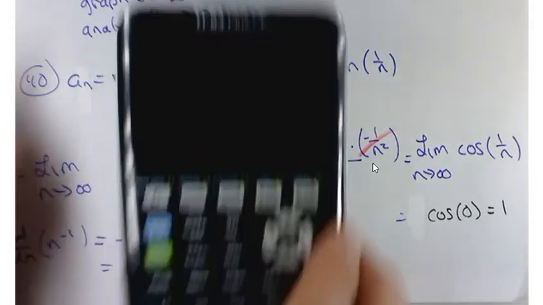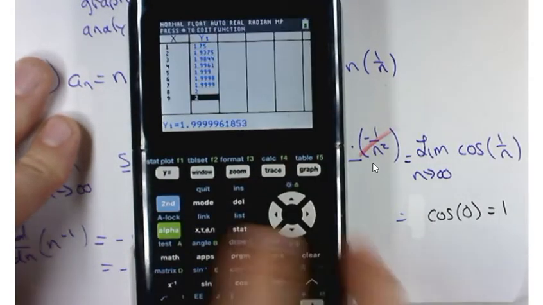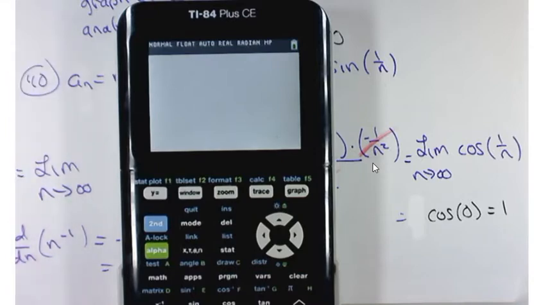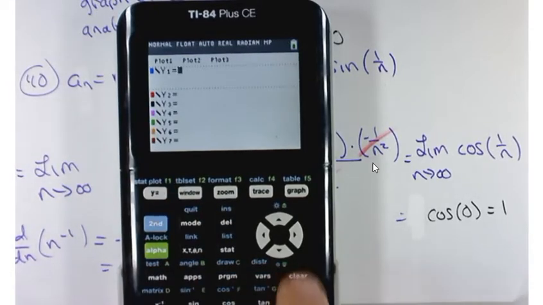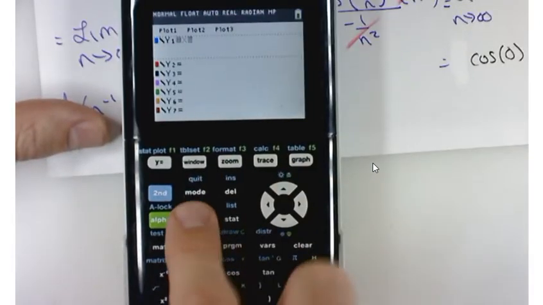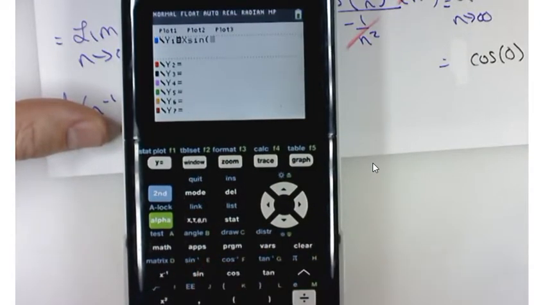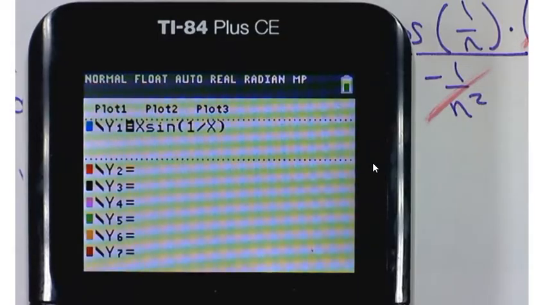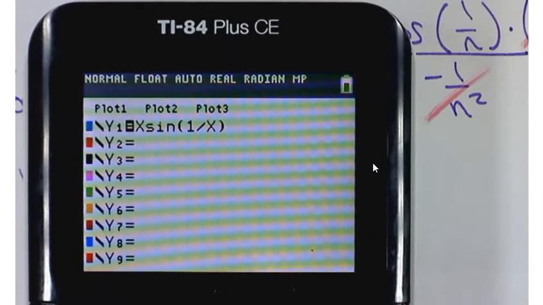Write in the y equals key. So let's take a quick look at it on the graphing calculator. The original function, so it's going to be y equals x sine of 1 divided by x. And let me set up my window.